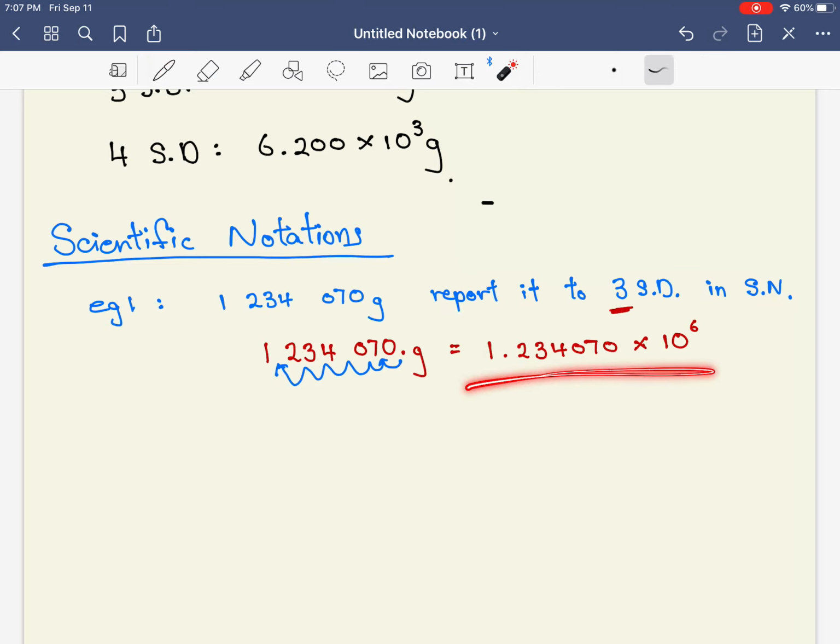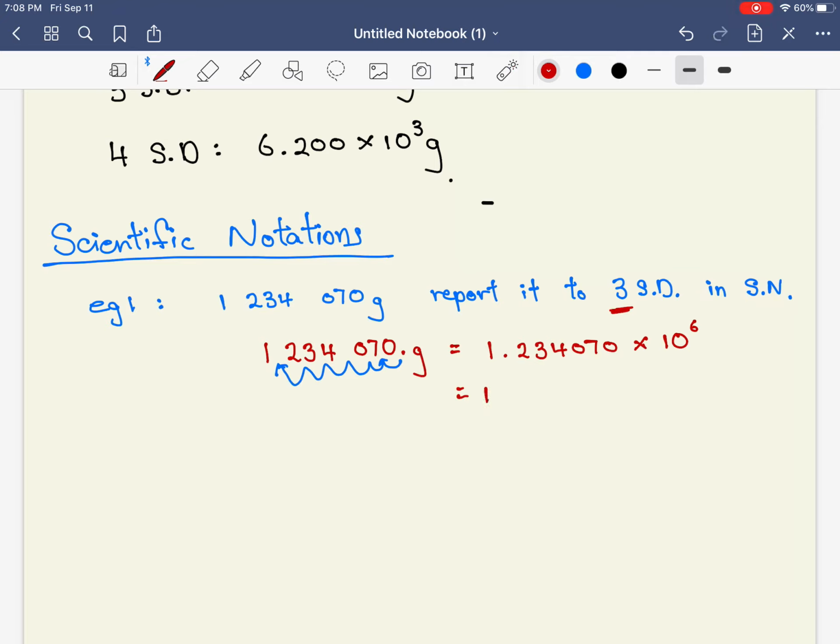You have to agree that this number is really this number. But do I want to report this number? No, I don't, because I was asked to report 3 significant digits. That means I am only going to keep these 3. Everything else, goodbye.